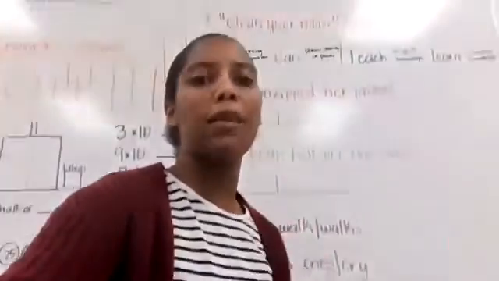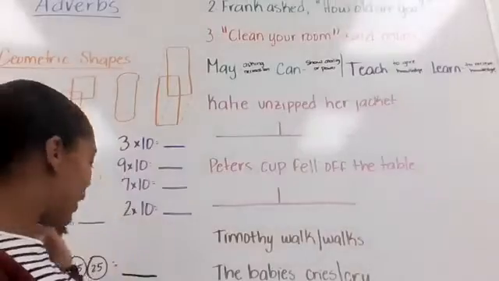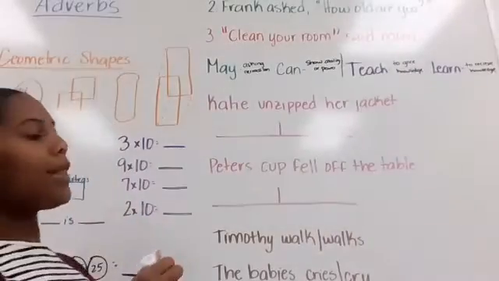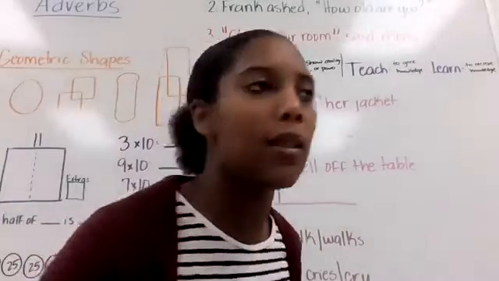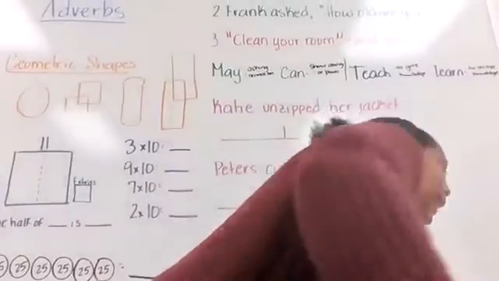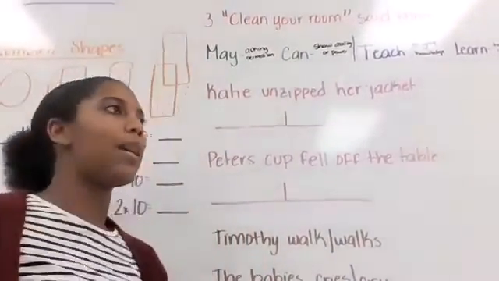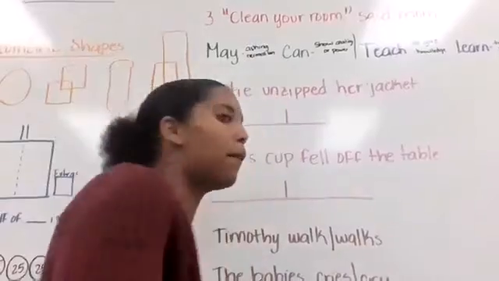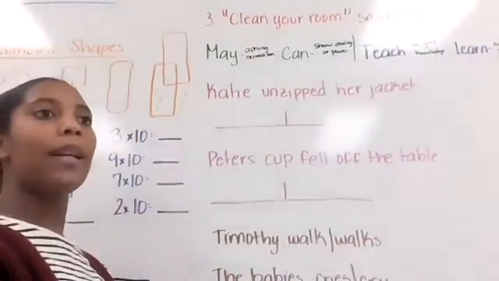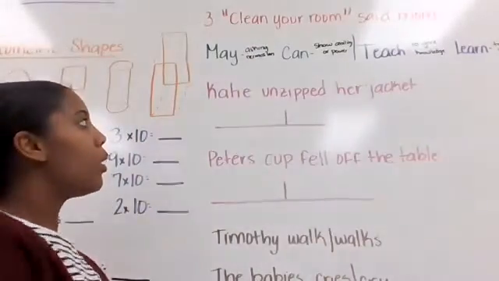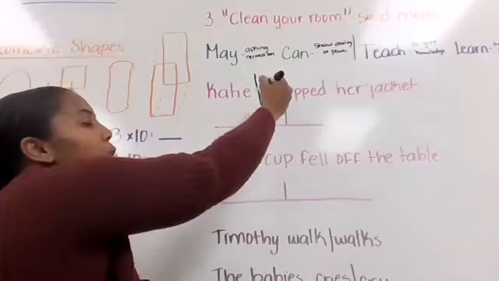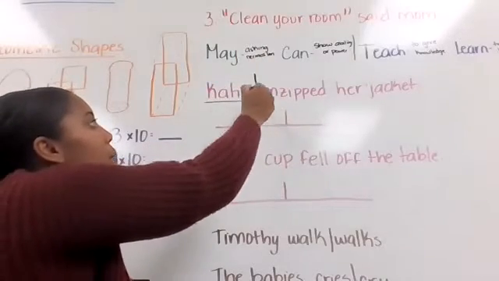Let's go ahead and diagram the sentence here. It says Katie unzipped her jacket. Let's mark the sentence first before we diagram it. How would I mark the sentence first? Meaning, where am I dividing? What's my subject? What's my verb? Where am I dividing between Katie and unzipped?